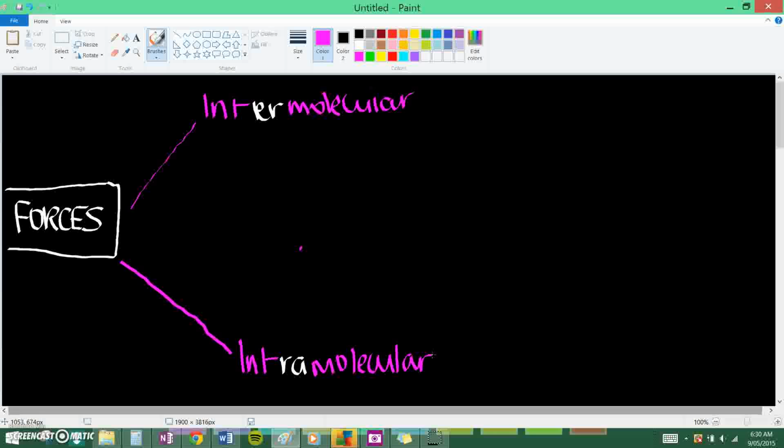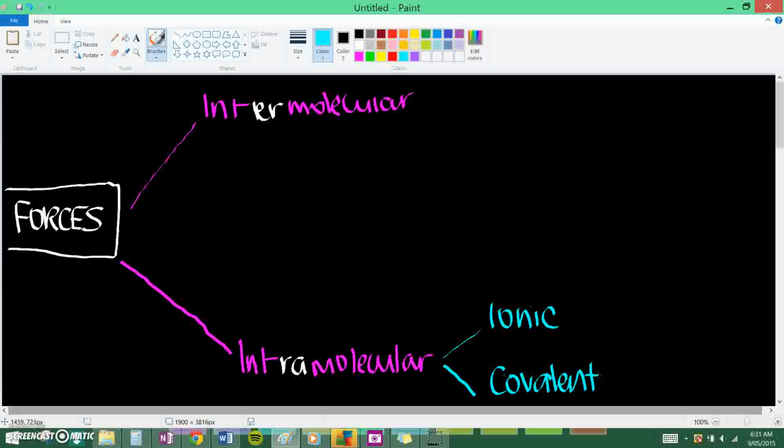Now, I don't know why they've made it like that, but if you get the hang of it, you'll know which one's which. You've probably learnt about intramolecular forces already, as they are just the ionic and covalent bonds.